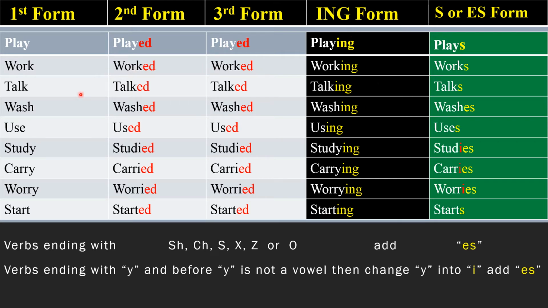And these are the forms that help us understand what is an action. Look at this. What is an action? Play. There is an action: work, then talk, wash, use, study, carry, worry, start. The more verbs you learn, it means the more action words you add in your vocabulary list, the more you learn the language, and the easier you feel to speak or use the language.